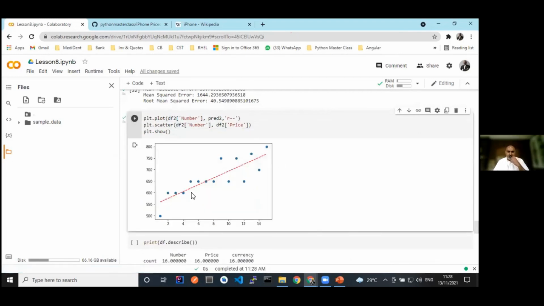So you can see that the line is much better in approximating these things. So you can see if I can go further, I can even remove the first one because it's off the chart. So again, we can keep doing this, but this is going to lead to another problem.